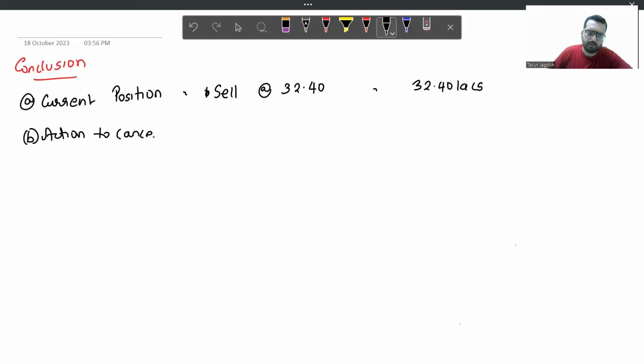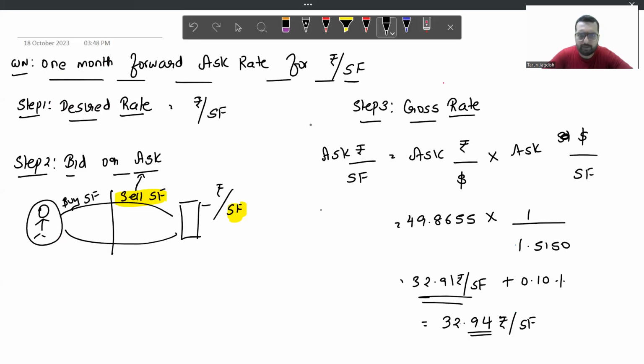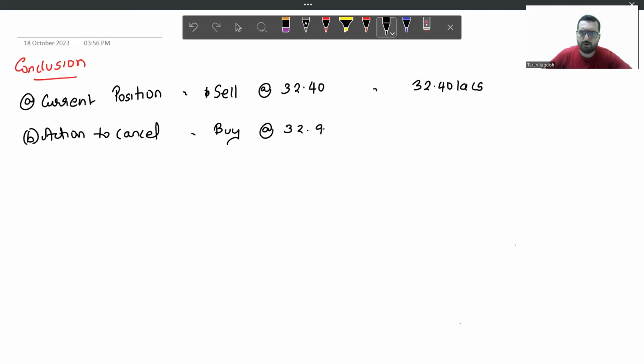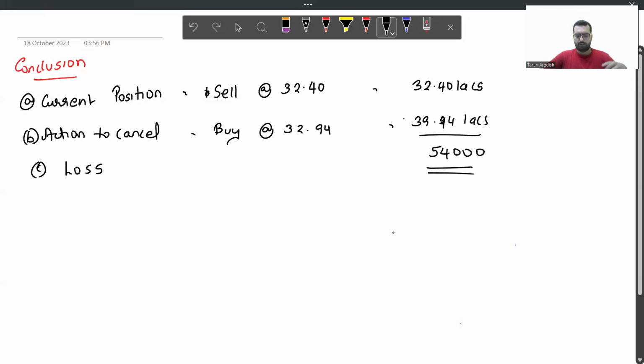Action to cancel. So what is the action to cancel? Buy at 32.94 lakhs. Therefore, what is the loss that you make over here? Do you make a loss of 54,000? Okay. This is how you should write down.